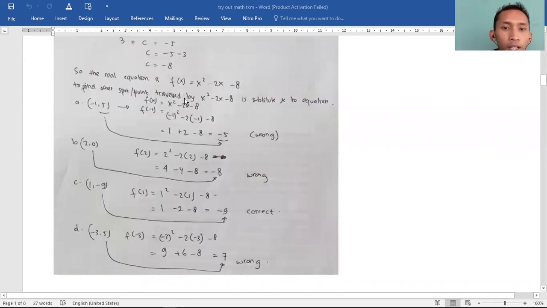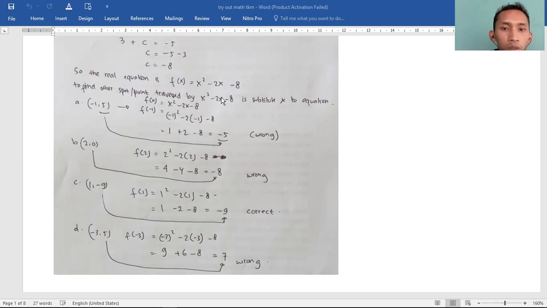Because we have already found the real equation, you just need to substitute x into the equation, and then you will find the number, and that is supposed to be the same as y.